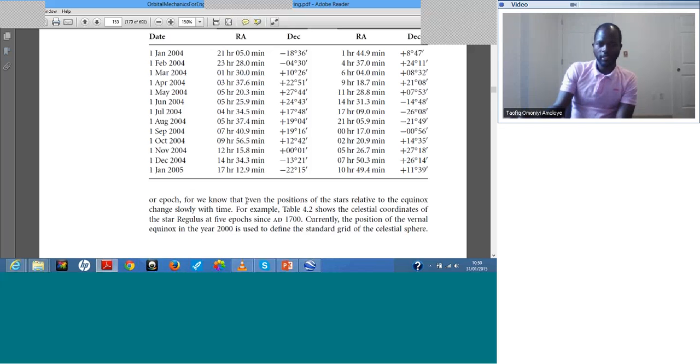For we know that even the positions of the stars relative to the equinox change slowly with time. So everything is in constant motion. Nothing is per se in a stationary state.